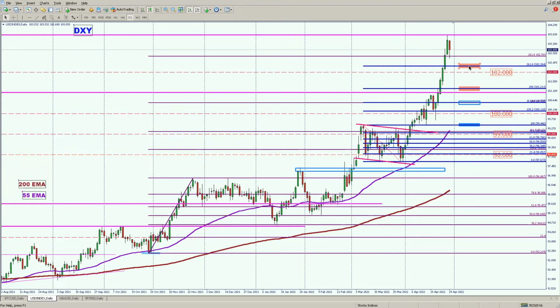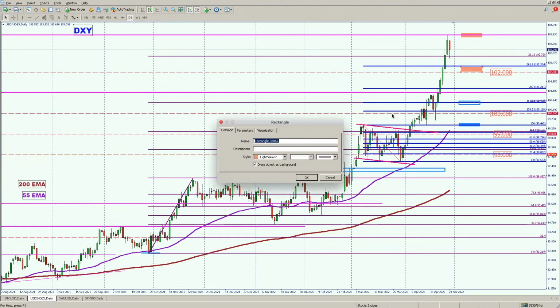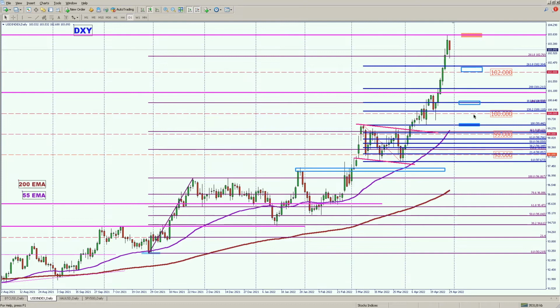So this resistance zone is clearly up here now at 103.80, and there is a support zone at the 102 and 262 FIB. Okay, and the next support zone is going to be at the 200 FIB.